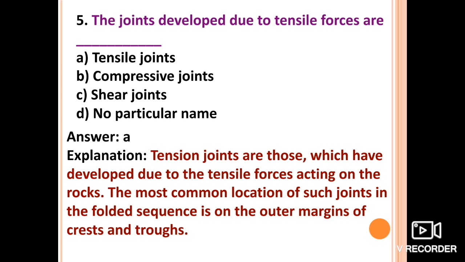We discussed columnar joints yesterday. Tensile joints develop due to the tensile forces acting on the rocks. The most common location of such joints in a folded sequence is on the outer margin of the crests and troughs. So here option A, tensile joints, is the right answer.